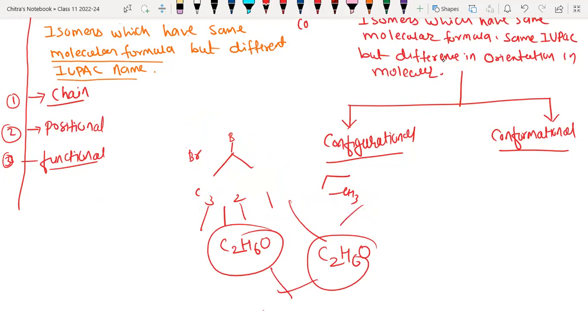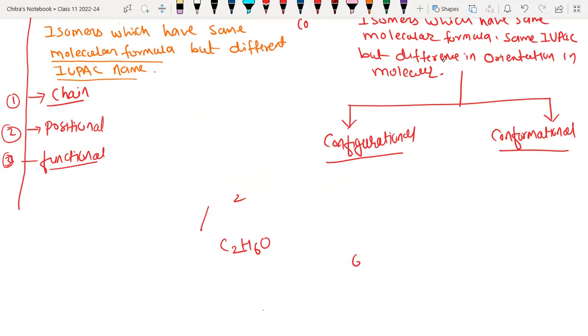So see, along with the types, I am making you understand with the help of examples also. But when we discuss all this in detail, I will write definitions for them and give more examples. Fourth one. What is the fourth one? It is called metamer. And last but not the least, we have tautomer.